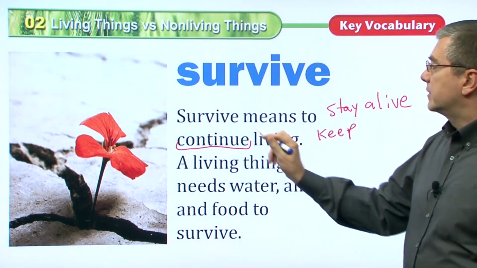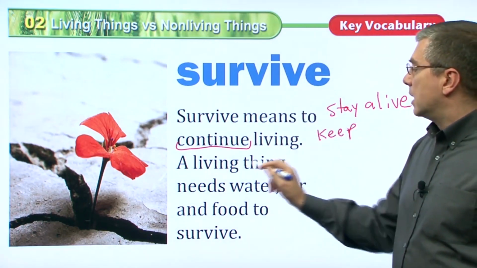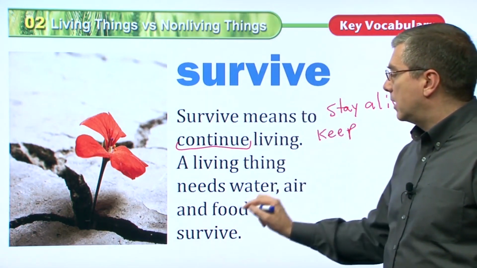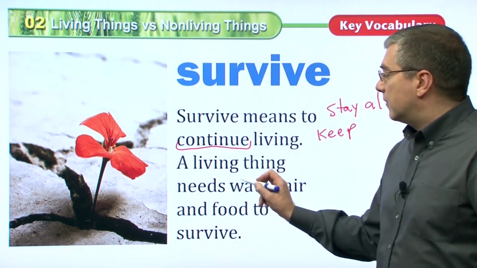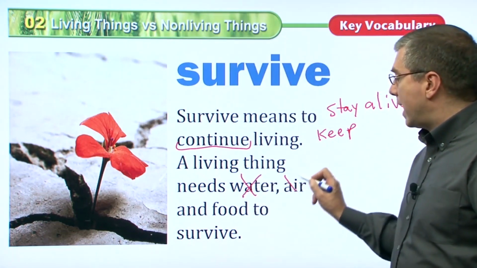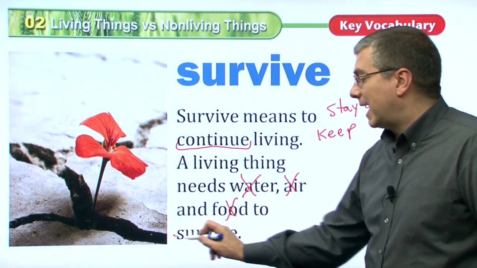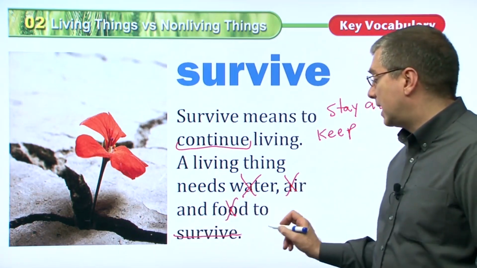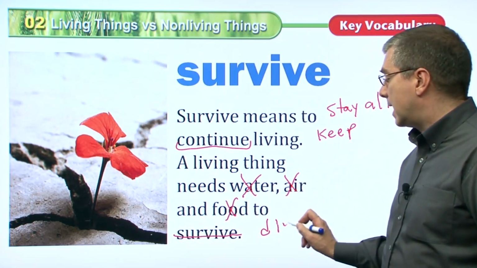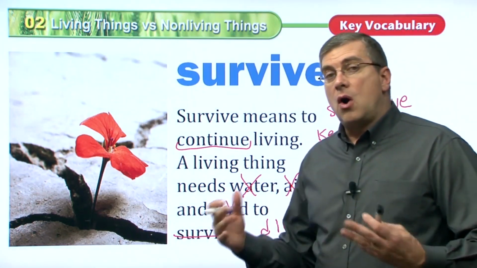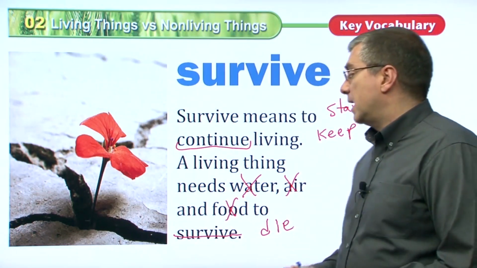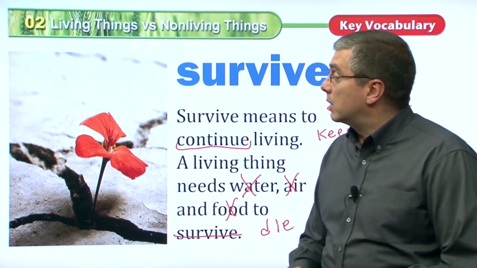So living things want to survive. A living thing needs water, air, and food to survive. If they don't have water, no air, no food, they cannot survive, right? In that case, they die, okay? If all those types of things die, then they go extinct.